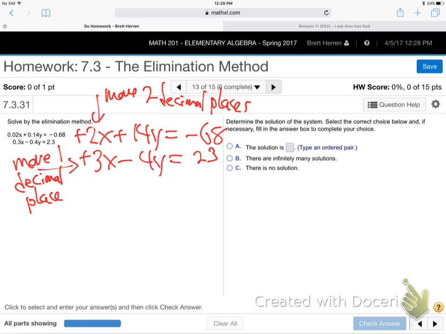Just make one of them negative so they'll be opposites. And what numbers do you multiply by? You multiply by the number in front of the opposite x. Right?